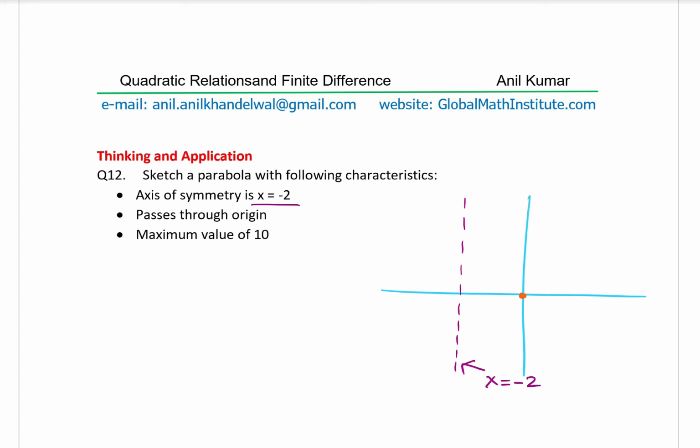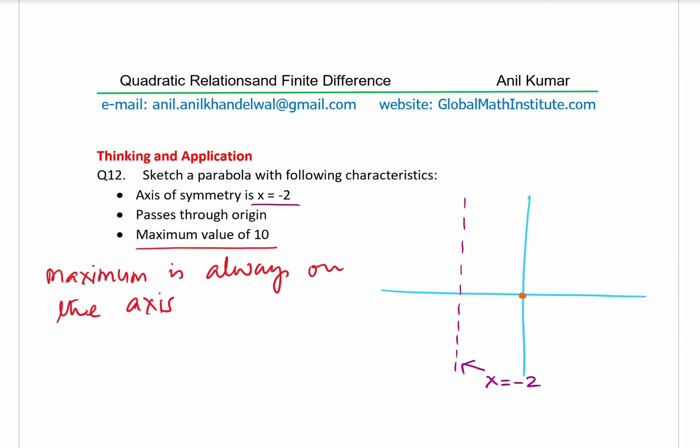Now, where will this 10 be? Maximum will always be on the axis. Remember this. Maximum is always on the axis of symmetry. Perfect. So we'll have somewhere here the maximum value of 10.